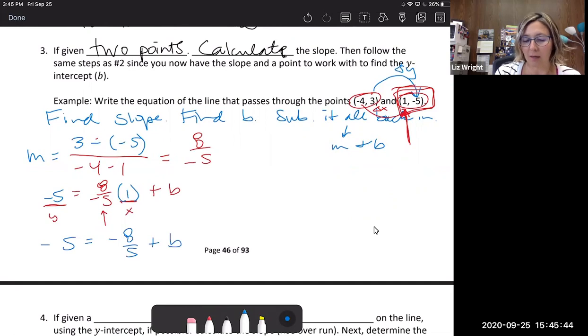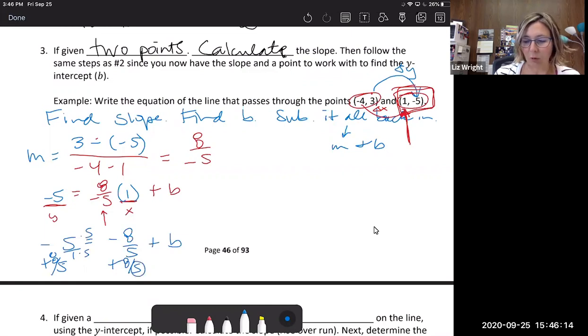So then over here, we're going to add the 8/5 to both sides. And again, you're more than welcome to get a common denominator and add them together, so we could get a common denominator here of 5, or you can put it in your calculator and figure it out that way too. So if we're getting a common denominator, I would multiply this by 5 and this by 5 because my common denominator is going to be a 5 here.